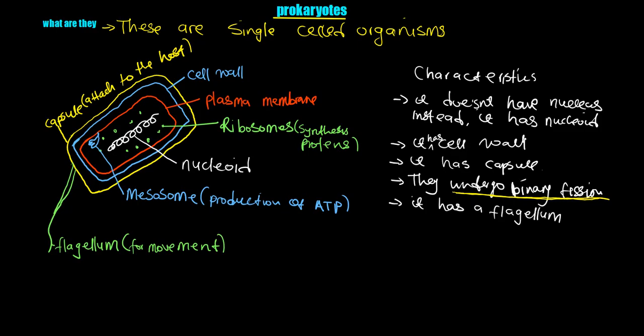It has a flagellum which allows movement using the energy from ATP. So it will be using the energy made from the mesosomes to perform movement, or attachment, which we have already talked about. So it has a flagellum used for movement.